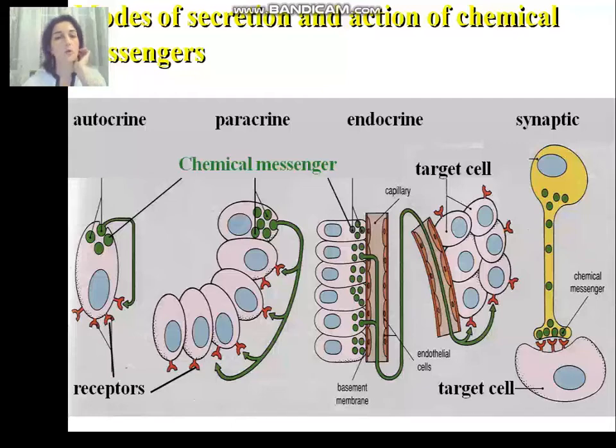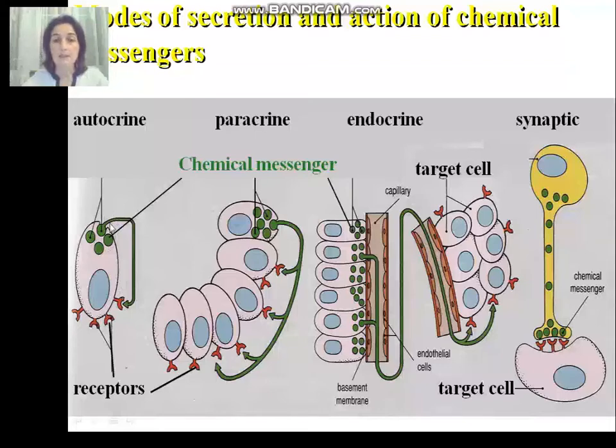We have different modes of secretion and action of chemical messengers, which we studied in the previous semester when we talked about cell signaling. We know that we have a signaling cell which sends a signal to the target, and we have the target cell which receives that signal. For that purpose, the receptor which will receive that signal has to be located on the target cell.